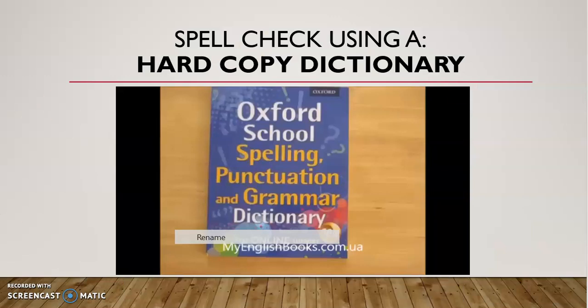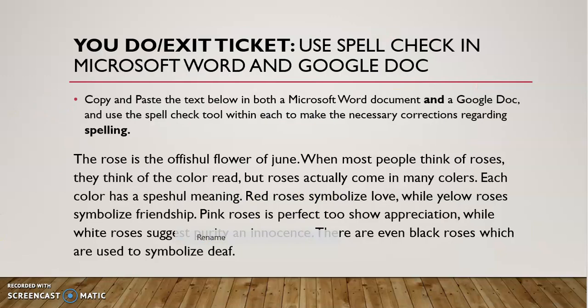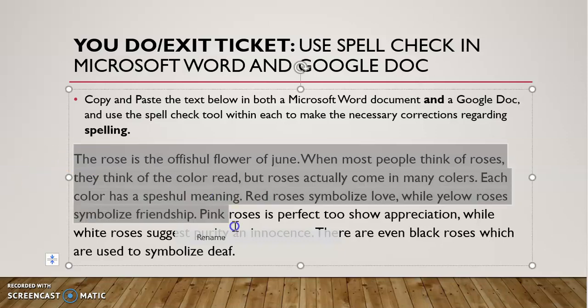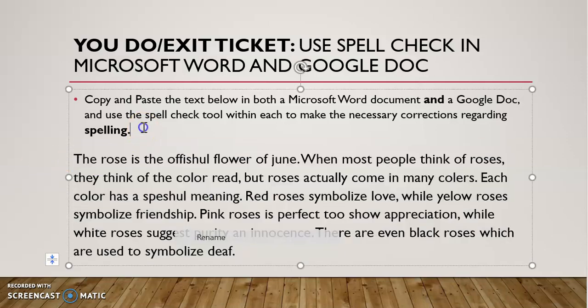Now, as we transition to the You Do exit ticket. So what you're going to do is you are going to copy and paste this piece of text here into a Microsoft Word document as well as into a Google document.